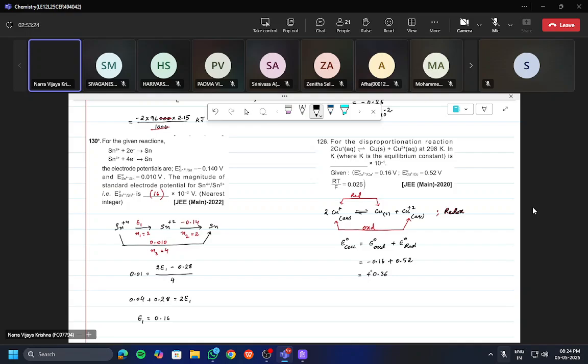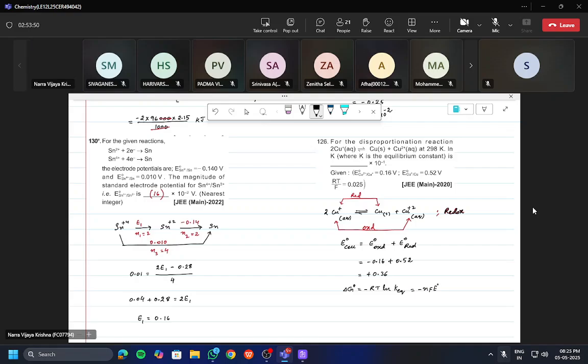What do you want now? You want the equilibrium constant, sorry, you want ln k. We know delta G naught equals minus RT ln k equilibrium, which is nothing but equal to minus NFE.